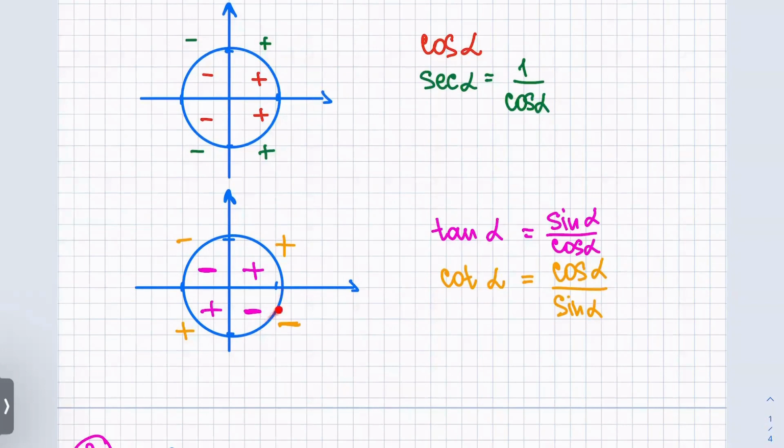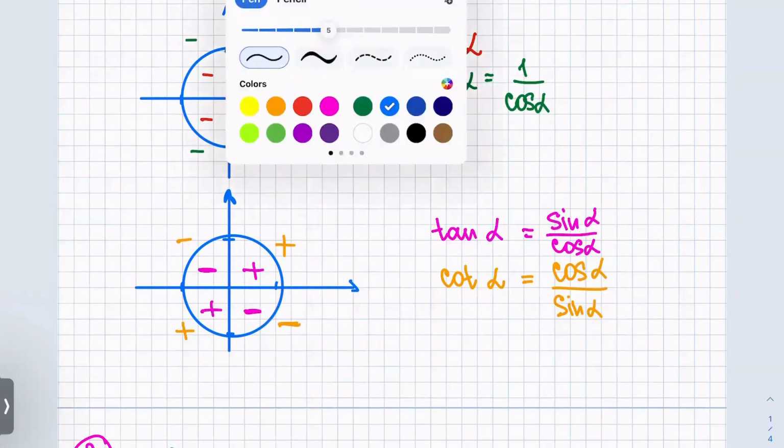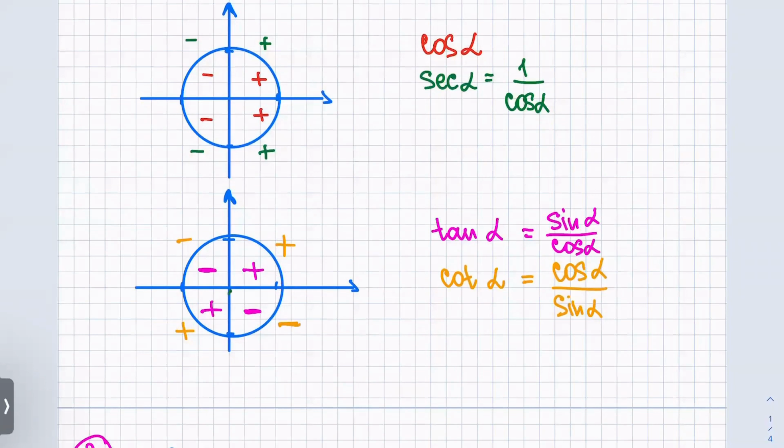But we have 300. So we will end up somewhere in the fourth quadrant, dear students. So that is our 300 degree. So let's see what sign cotangent has in the fourth quadrant.